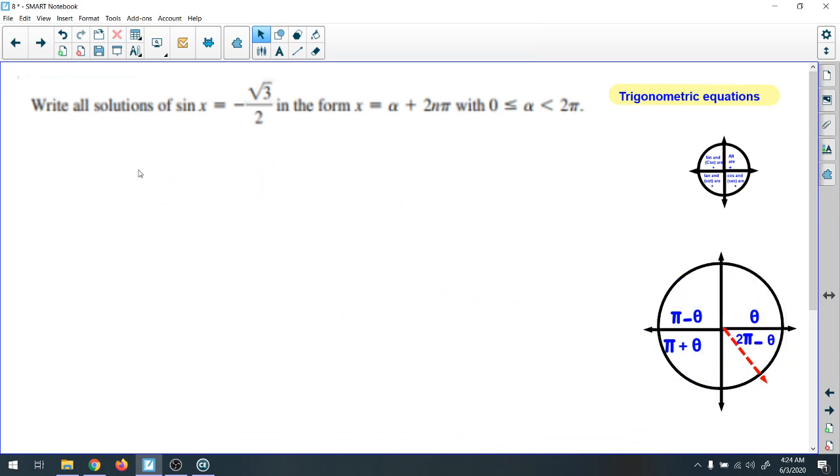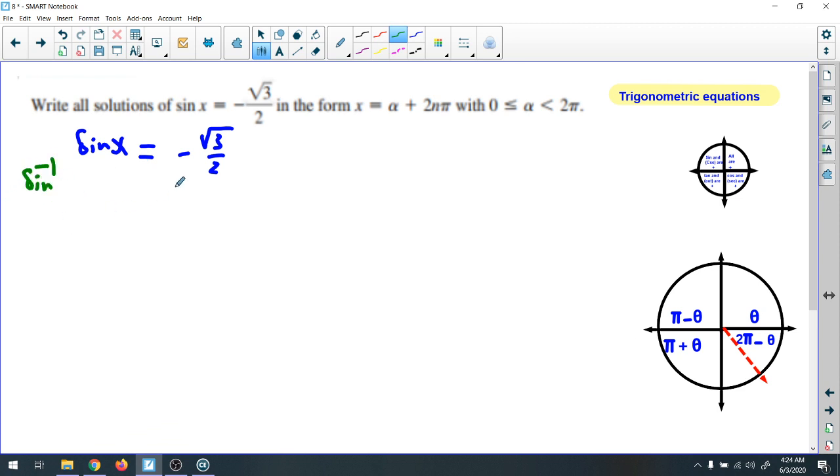Now we go over sine x equals negative square root of 3 over 2, and we need to solve it. So first, write the equation, sine x equals negative square root of 3 over 2. Then we're going to bring arc sine, sine inverse, to both sides.